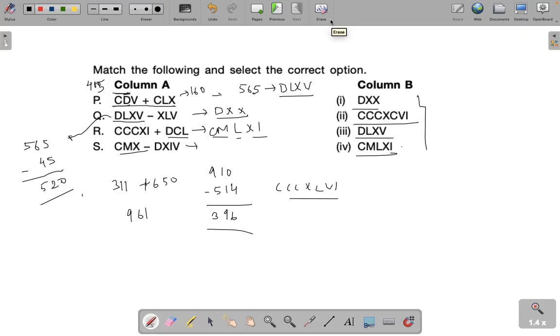Sir, we studied the rules of the Roman numerals. Rule number 1 is, if we have to write 2, just add. Then rule number 2 is V and D cannot be repeated, and they cannot be subtracted more than once.